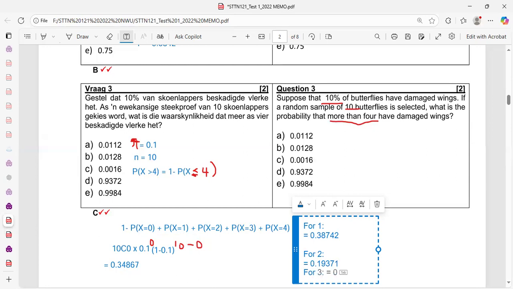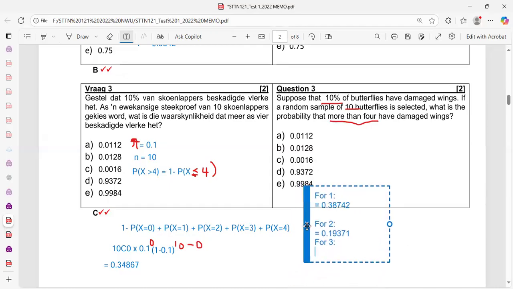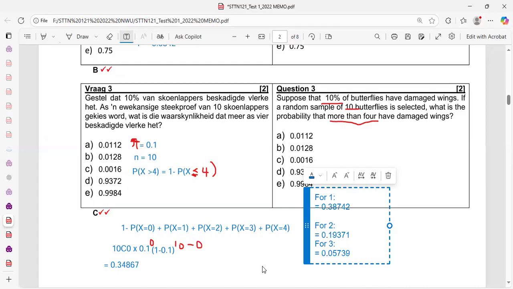For 3, same formula, 10 combination 3, 3, and 3. I got 0.05739, which is 5,739,245.